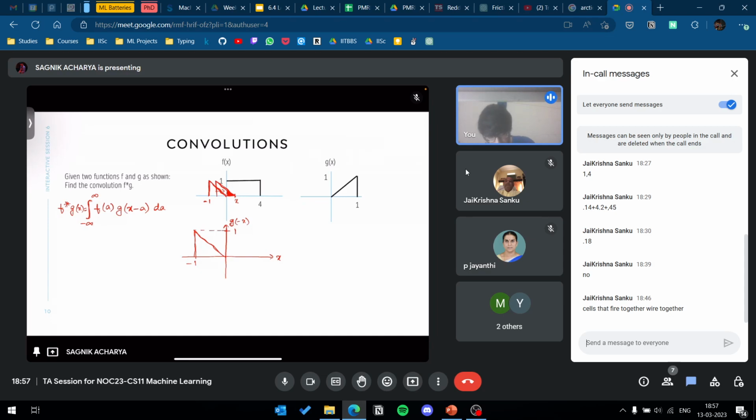And when I have moved it by 1 unit fully, the triangle is fully inside the rectangle, and for a long time it just stays inside this rectangle. At that part the overlapping area is constant, so that value will come as constant. This is what we should expect out of the final f star g of x graph.